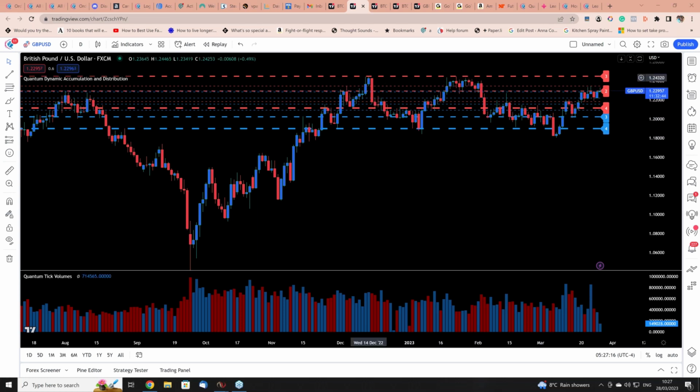We've got one up here at 3, which is up here in the sort of 1.25 area. And then we have this other area here, which is currently being tested and has been tested in the last 3 days at just below 1.23. So given you've got some pretty strong resistance there, these other levels here, these minor levels, the fact that they are very faint dotted lines means they've probably only been tested once and are therefore minor.